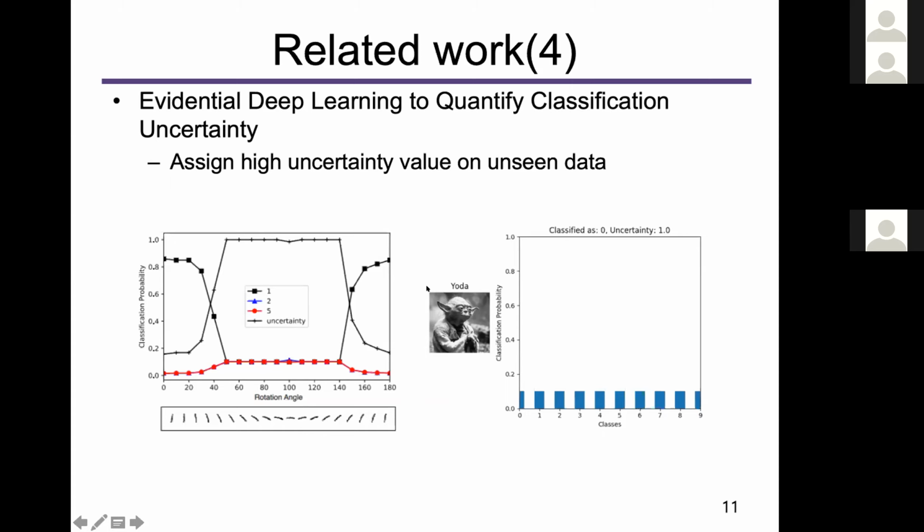For this case, they trained on MNIST data, and we just put in a Yoda picture. There is no handwritten number, so it's totally unseen data. And this model says, I don't know, uncertainty is 1, and every other probability goes to almost 0.